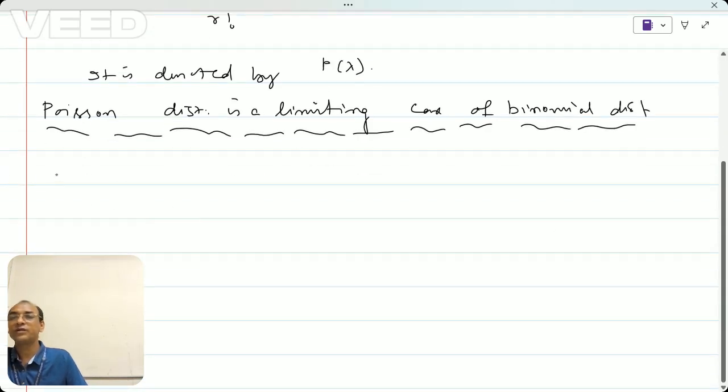Under which condition can we think about the Poisson distribution? First, n, where n is the number of trials in case of binomial distribution. Here also n is the number of trials.